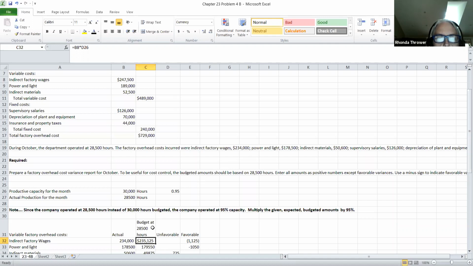Again, I took the 100% budgeted amount, multiplied it by 95%, and that gave me the budgeted amount at 28,500 hours. Then what you do is compare your actual to your budgeted amount. Since your actual is less than your budgeted amount, you had a favorable variance for your indirect factory wages.